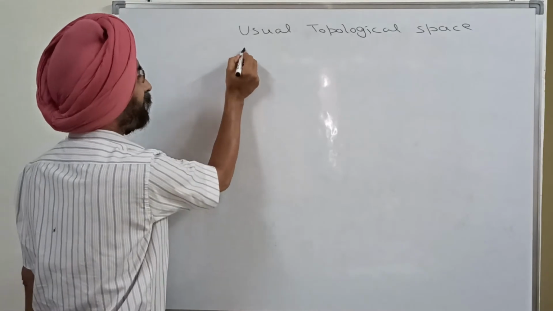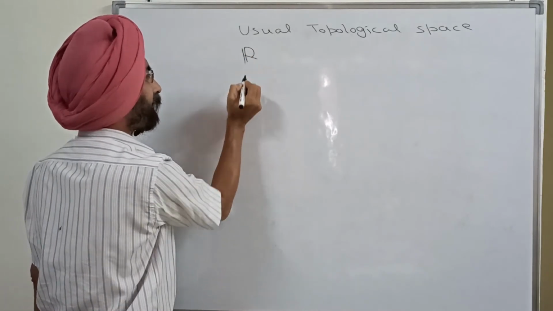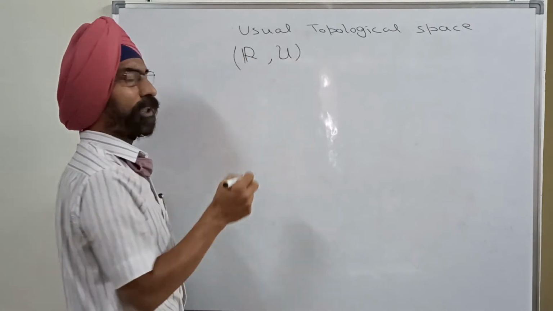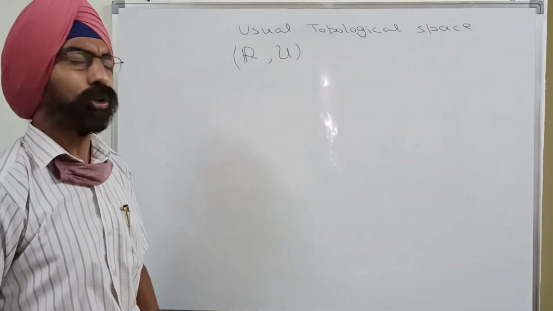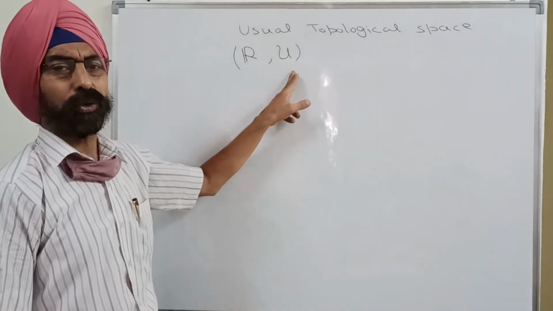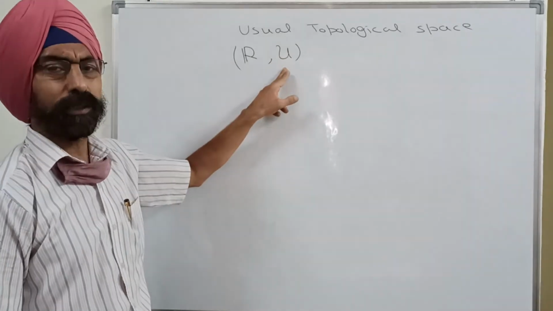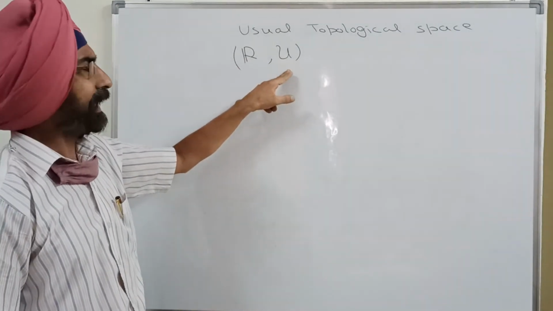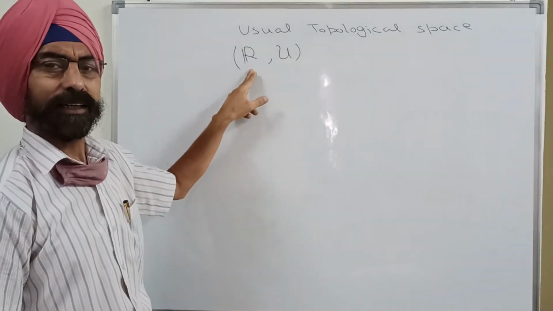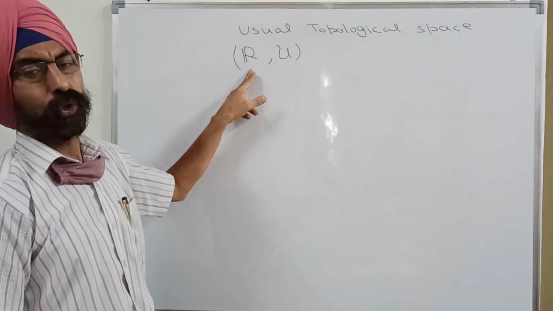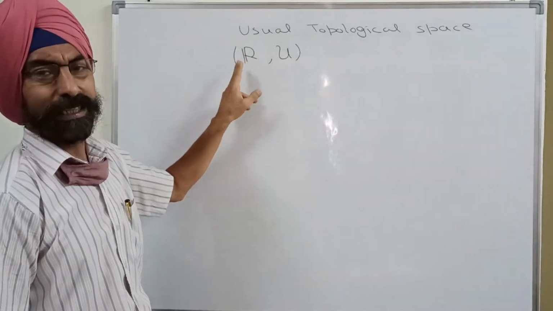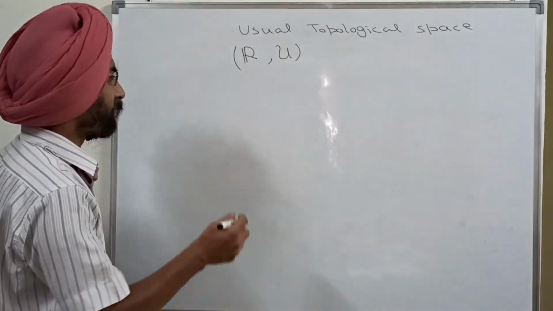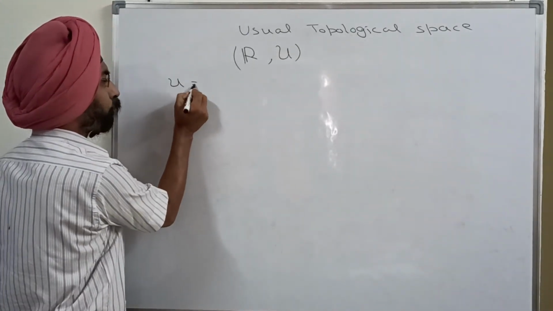So we are having R, the set of real numbers, and the usual topology on the set R. Usual topology, you understand what usual topology is? Usual topology means the members of U are either open intervals in R or unions of open intervals in R. So, first of all, let me write what U is.